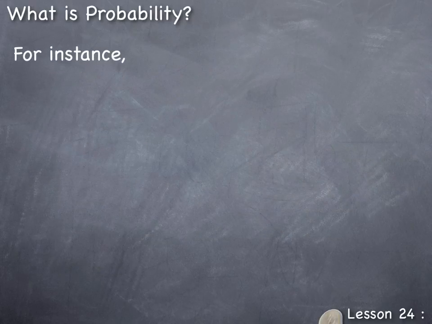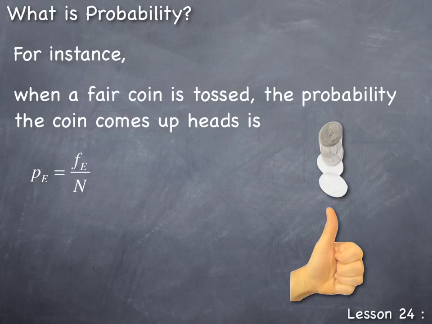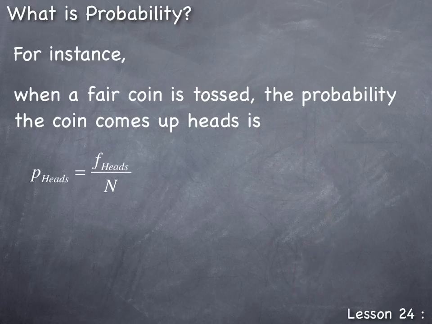For instance, when a fair coin is tossed, the probability the coin comes up heads is the proportion of the time it comes up heads out of the total number of possible outcomes. So this can be found by counting how many ways a coin can come up heads and dividing by the total number of outcomes when a fair coin is tossed. Well, when a fair coin is tossed, there are two possible outcomes.